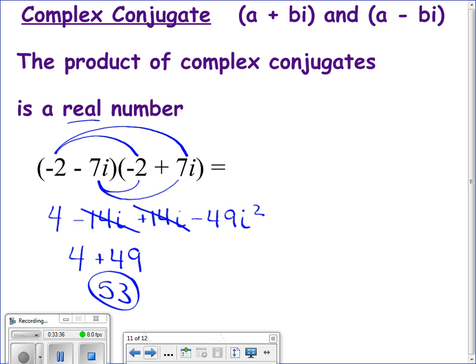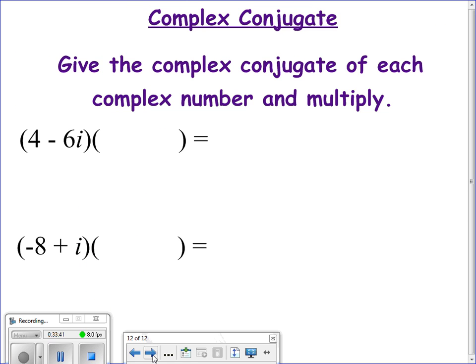So could you tell me the conjugate? If I give you 4 minus 6i, what's the conjugate? 4 plus 6i. Look at that, you just filled in half a problem. Could you multiply them together now? Yeah, we can multiply these now. 4 times 4. 4 times 6i. -6i times 4, -24i.